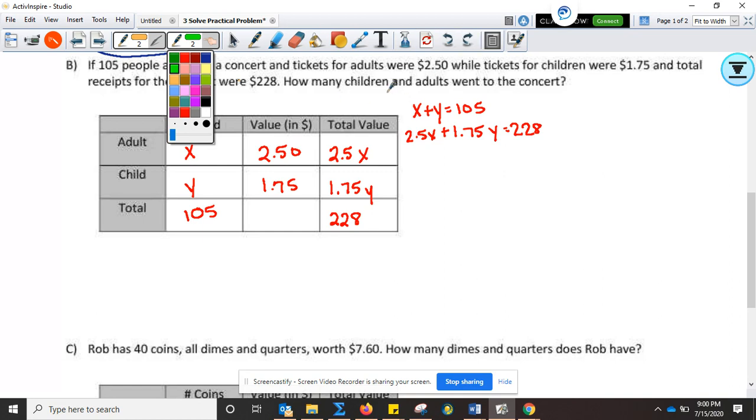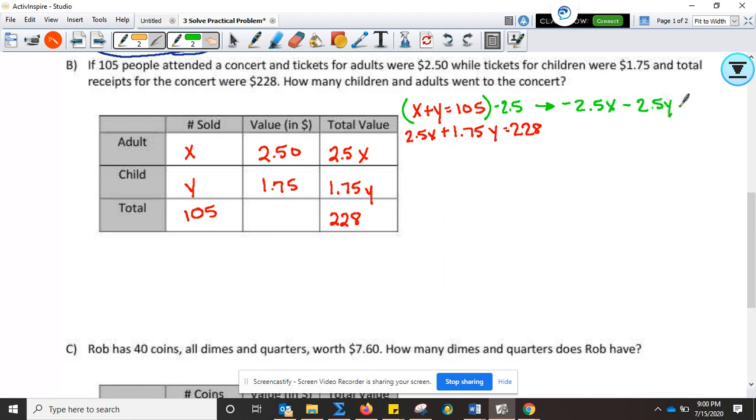That's going to give me -2.5X minus 2.5Y equals -262.5. My bottom equation is just going to come straight over.